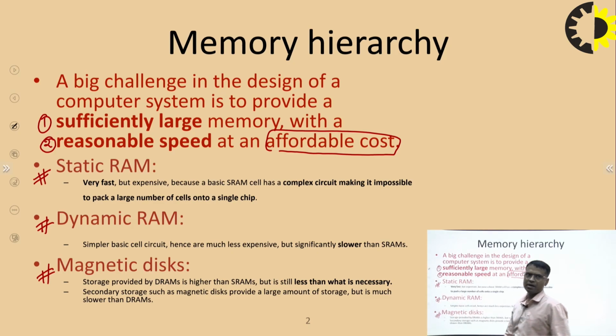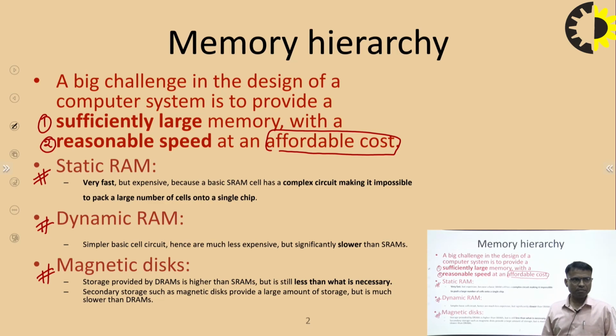There are various trade-offs that we can see from the comparison of these three types, and they are not individually sufficient to provide sufficiently large space, or a reasonably good speed, and cost-wise to be affordable too. So, if we study these three types and identify their complexity, or you can say features, we can go for the concept of memory hierarchy.